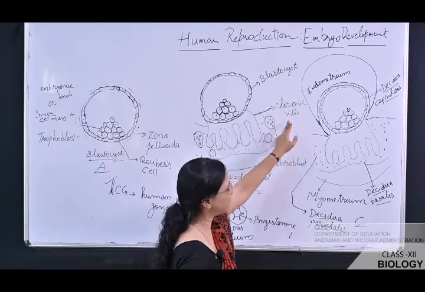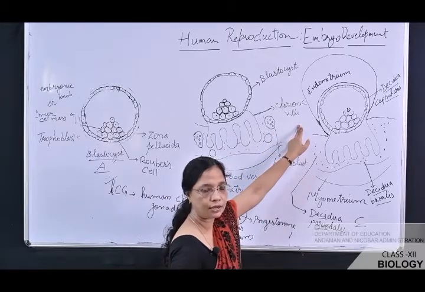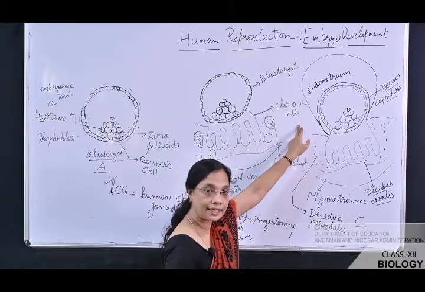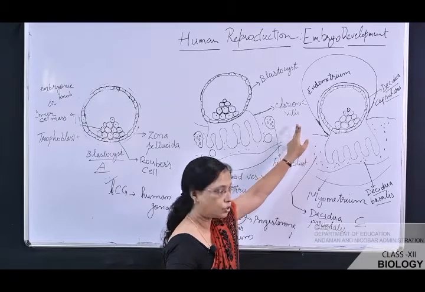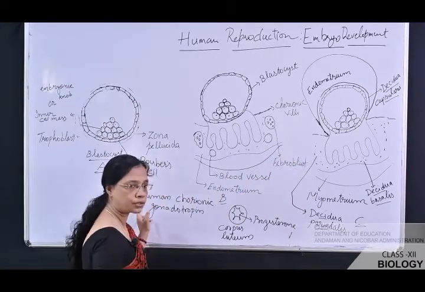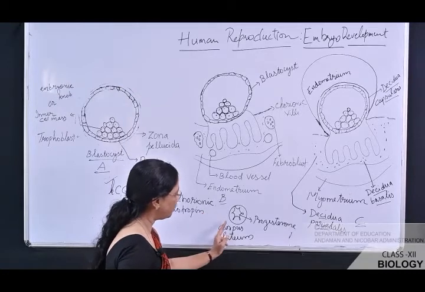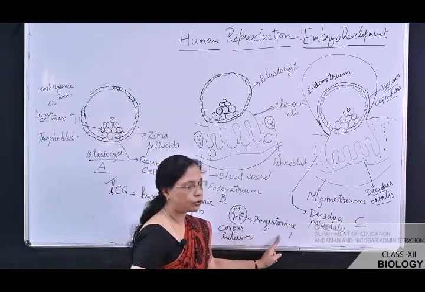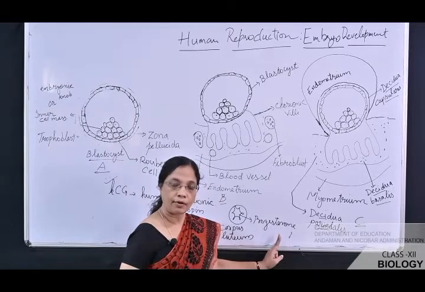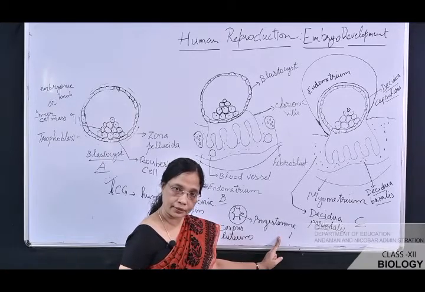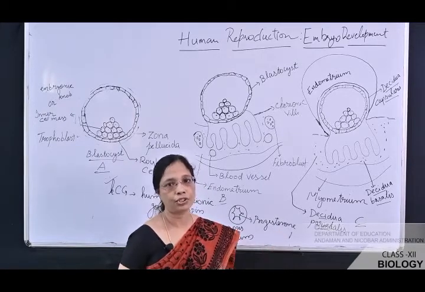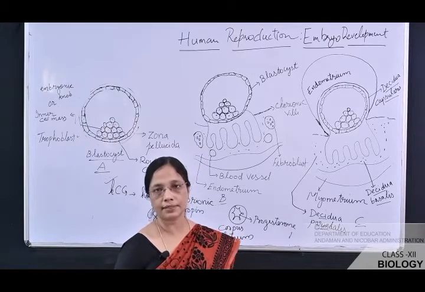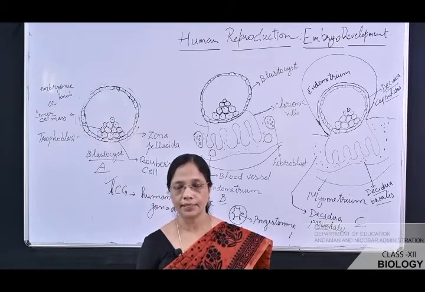As the HCG is reduced, it is unable to maintain the corpus luteum, so the level of progesterone is reduced. When the level of progesterone is reduced, what happens? Abortion takes place. This is the reason why early abortion takes place.